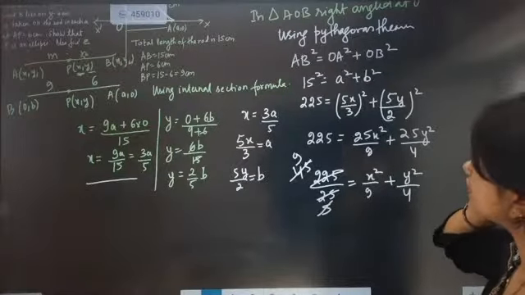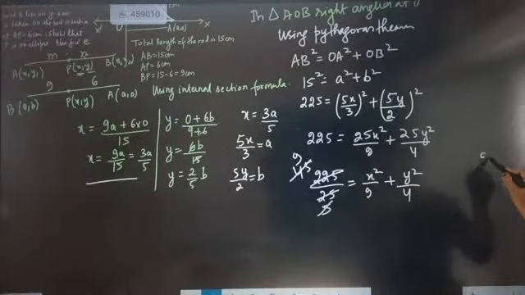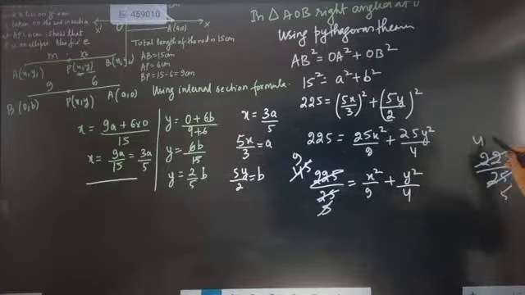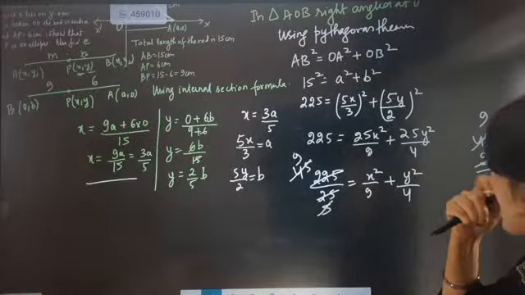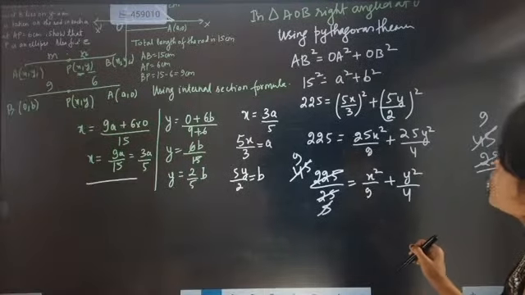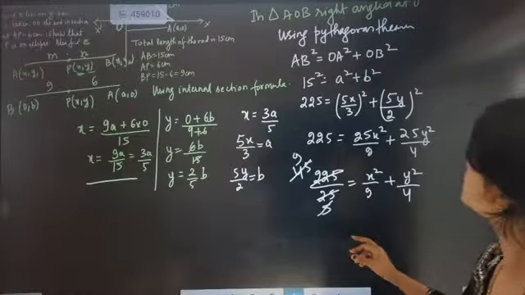So 225 divided by 25 is 9. The length is coming 15 only, na?